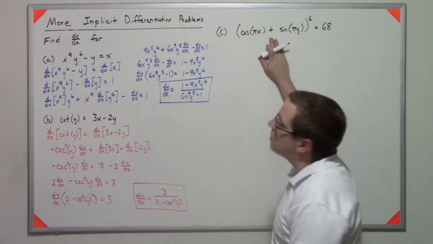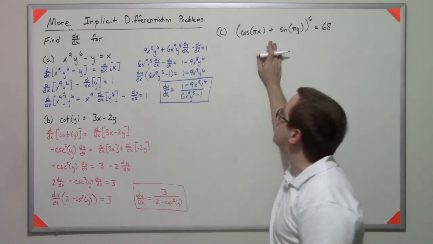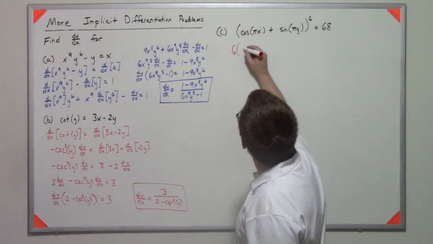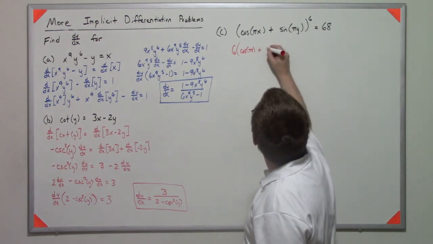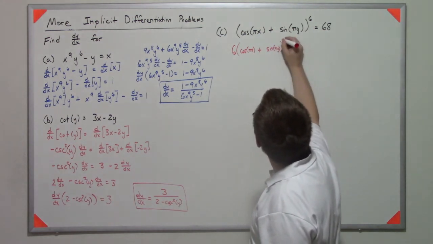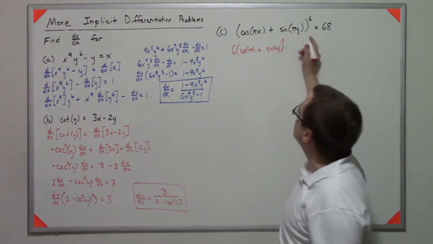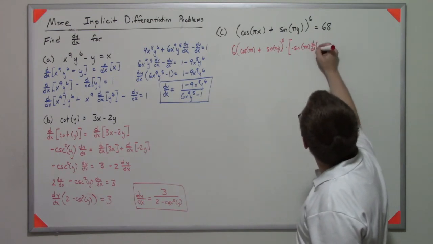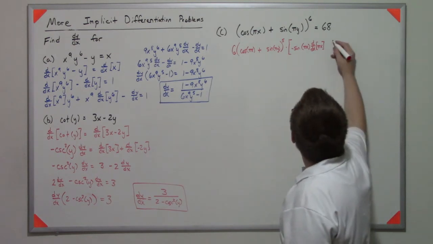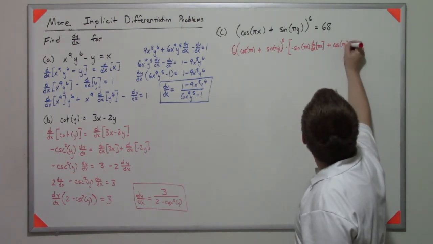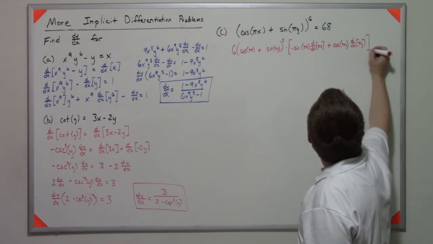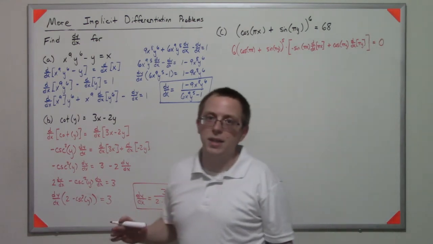So if I was going to do this the hard way, by taking the derivative of both sides, I would have to follow the chain rule, because I would have to do 6 times cosine pi x plus sine pi y to the 5th times the derivative of the inside, which is negative sine pi x, and then the derivative of its argument, plus cosine of pi y times the derivative of its argument, and then the derivative on the right hand side is 0.